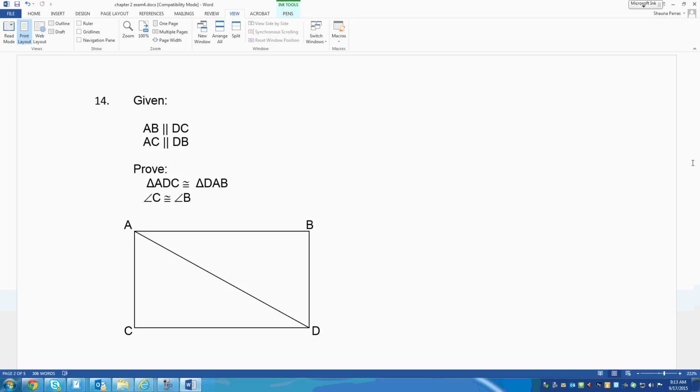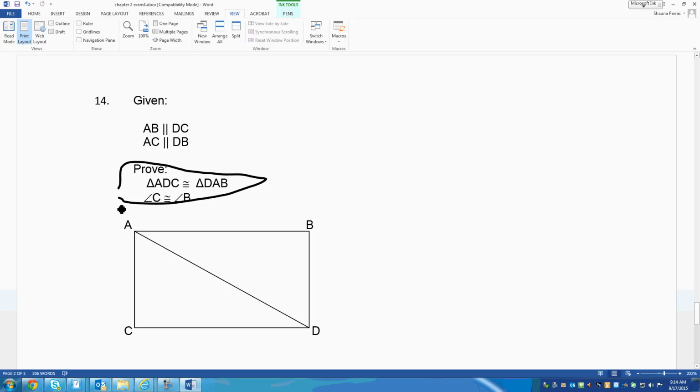The key thing when we're doing 2-column proofs, you have to have the proof before you say it's congruent. Some people had the congruent triangles in the middle of the proof and then showed how the angles and sides were equal underneath. Can't do that, okay? The last statement of any of your proofs should be what you're trying to prove. So this should go on the bottom.